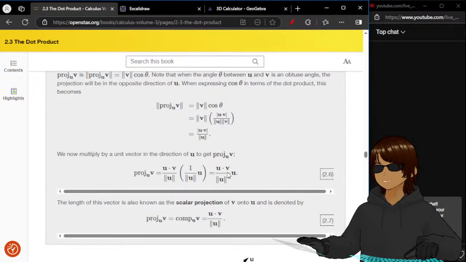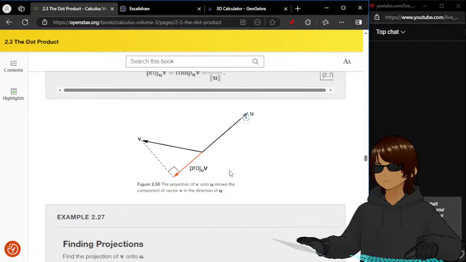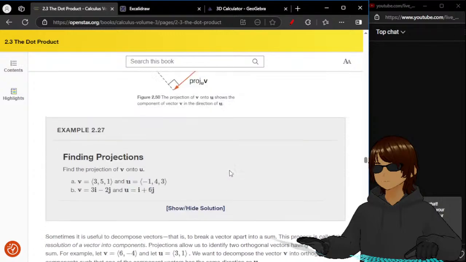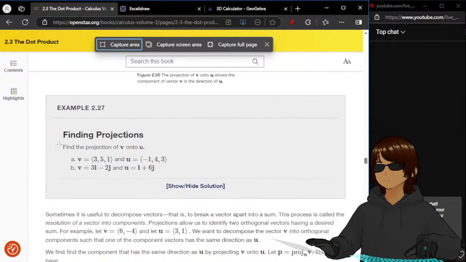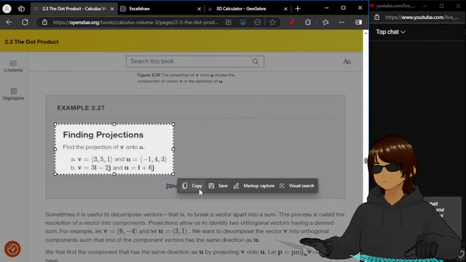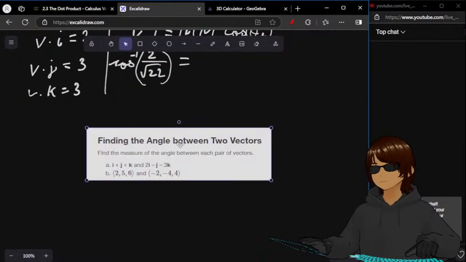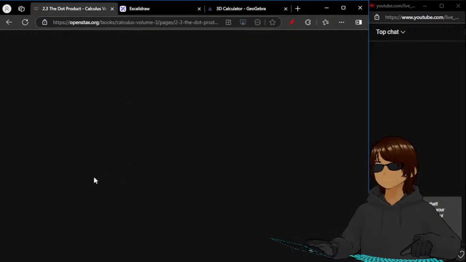This is a vector. This is the scalar, right? Okay, let's try an exercise. But I still don't understand where the modulus is coming from.